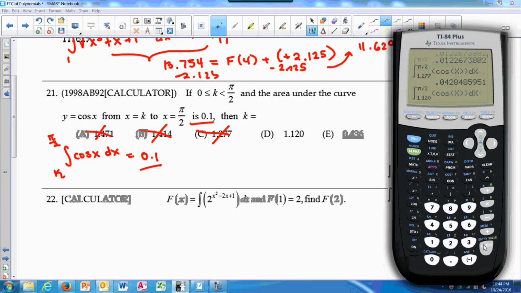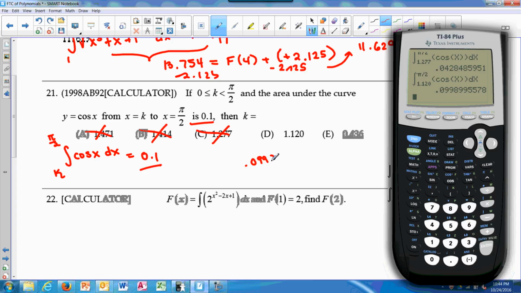Now this time I got 0.099899558. So if I round that to one decimal place, I'm going to have 0.1. 0.099 rounds up to 0.1.